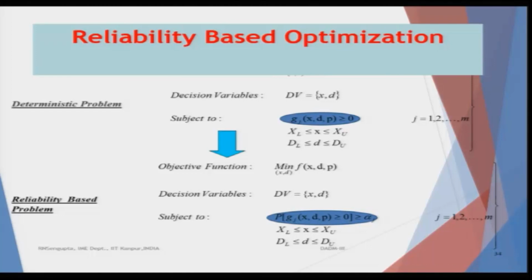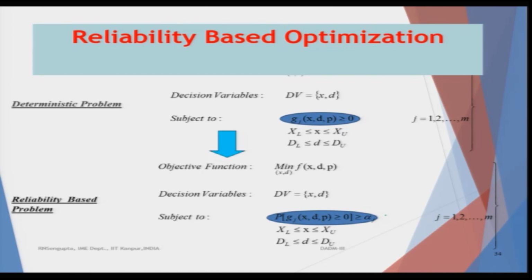Now, consider it is a minimization problem or a maximization problem, whichever you try to formulate. So, your decision variables would also be x and d, but here x is now probabilistic, and this concept of probability would be brought into the picture through the constraints such that you have probability of g suffix j of x, d, p being greater than 0, and that is given by alpha suffix j.